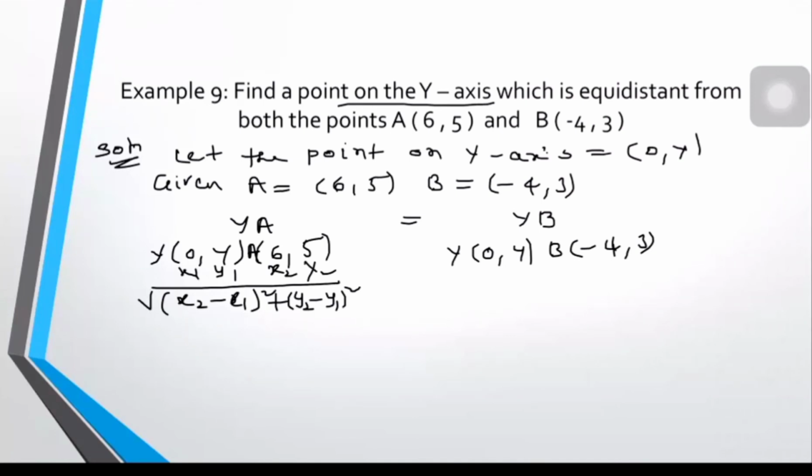Now substitute the given values in this formula: (6 minus 0) whole square plus (y2 minus y1) is (5 minus y) whole square. Here also (x1, y1), YB, (x2, y2).